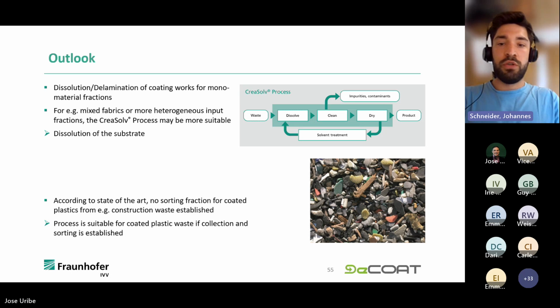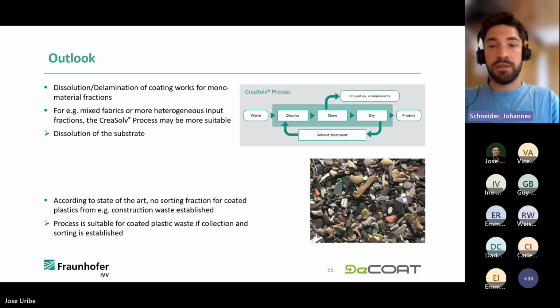But currently we only showed the applicability on very pure waste streams. If we are facing different kinds of substrate materials or different kinds of coatings in one waste stream, this could lead to problems caused by these foreign materials that might not be removed by this kind of process.